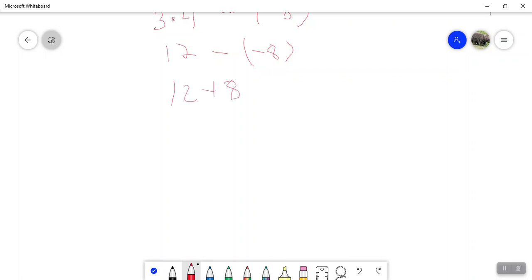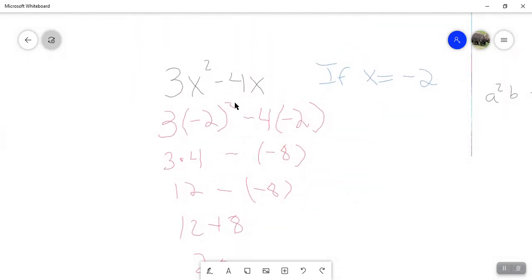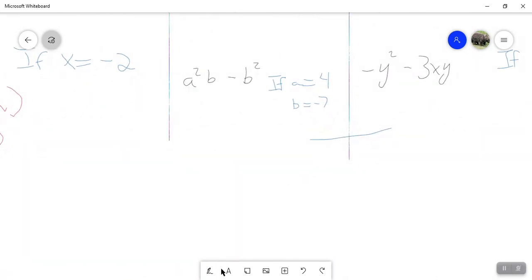And then finally, 12 plus 8, that's just 20. So see how we can get a value for this algebraic expression, 20, when we substitute x at a particular value, in this case being -2. Let's try this problem over here.